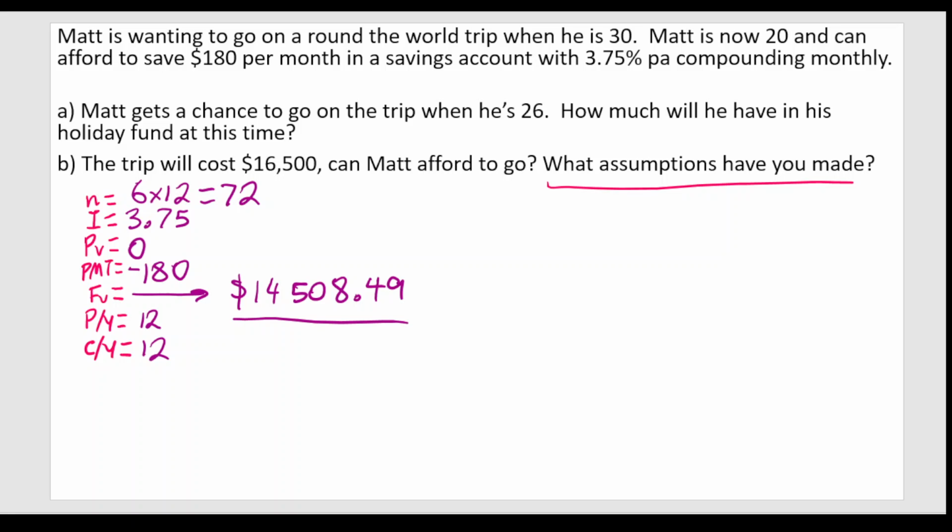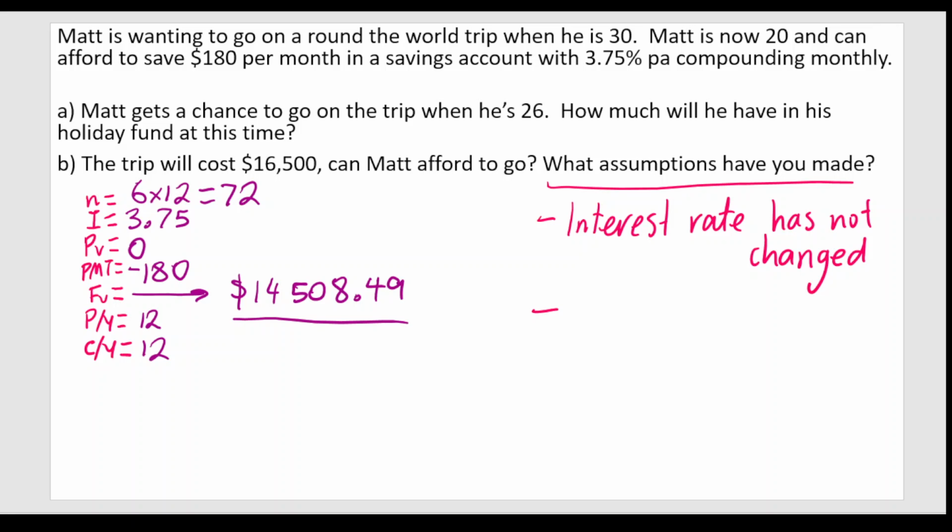6 years have passed, so we are assuming that the interest rate hasn't changed. We're also probably considering that he's still saving the exact same amount of money, so he's saving at a constant rate.